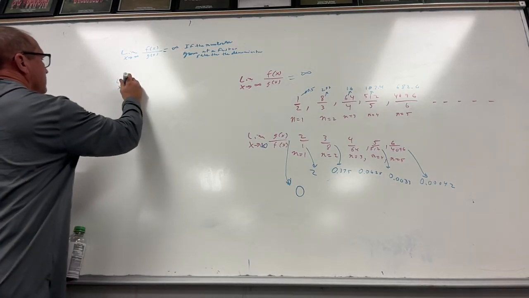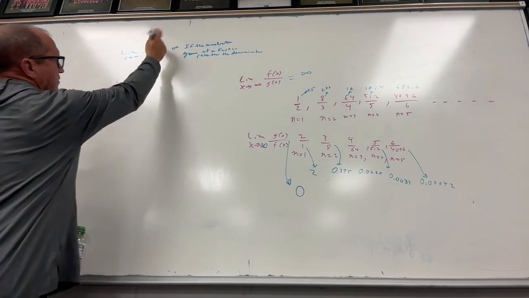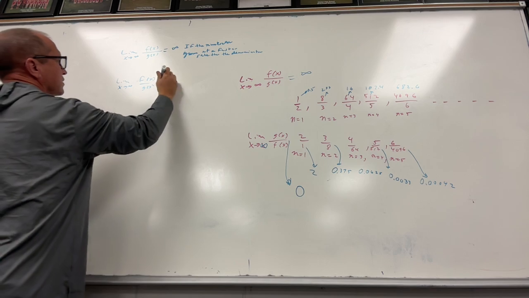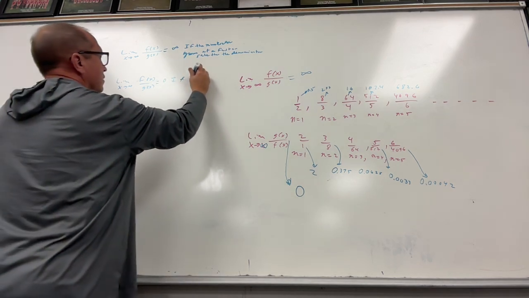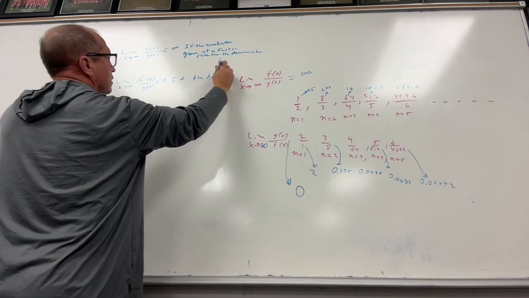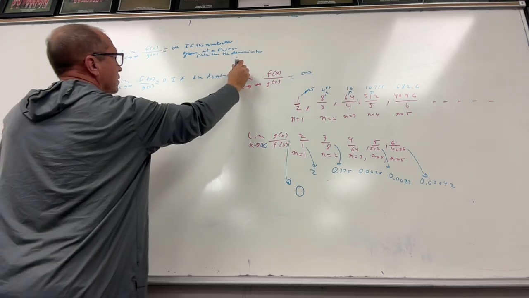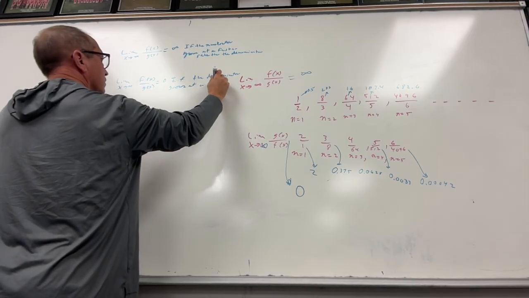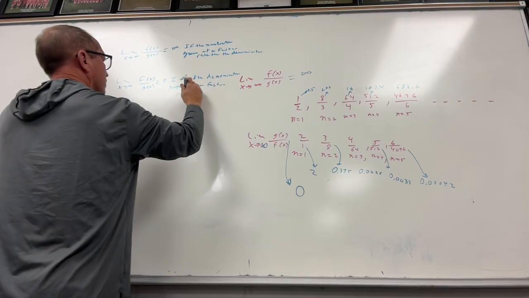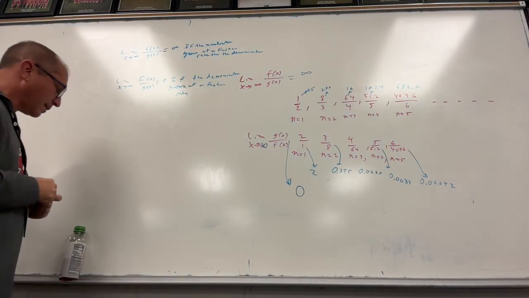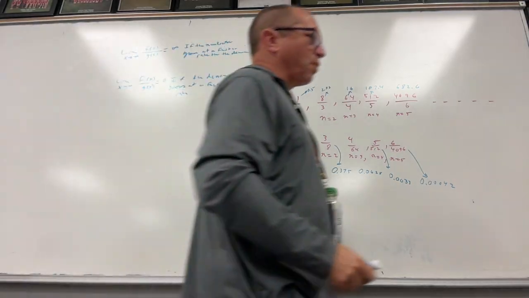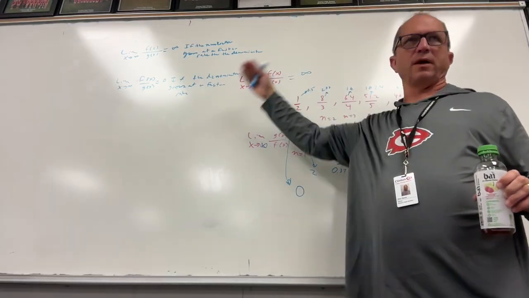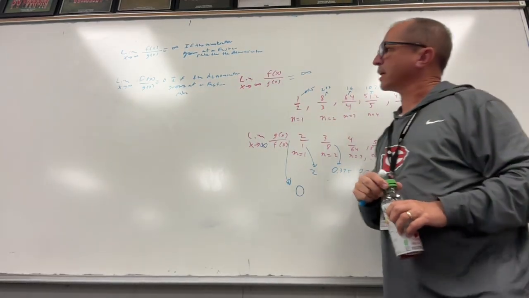The limit as x approaches infinity of g of x over f of x is equal to 0 if the denominator grows at a faster rate. And I should throw in that this is not a linear faster rate. We're going to look at linear in just a second here.